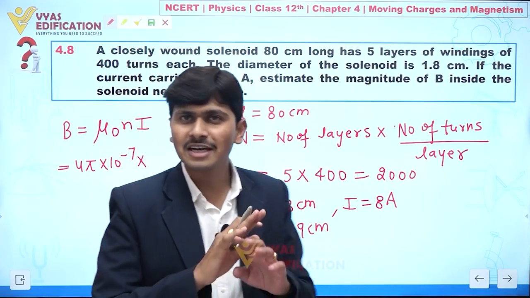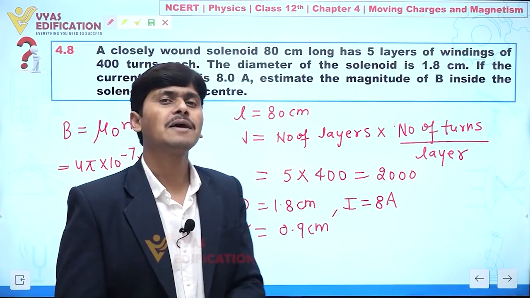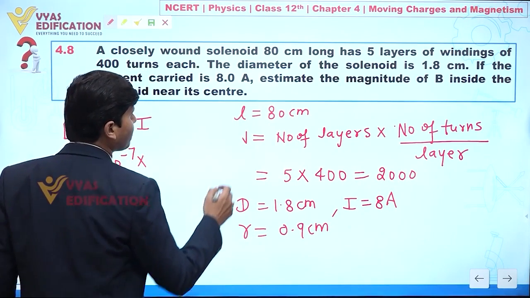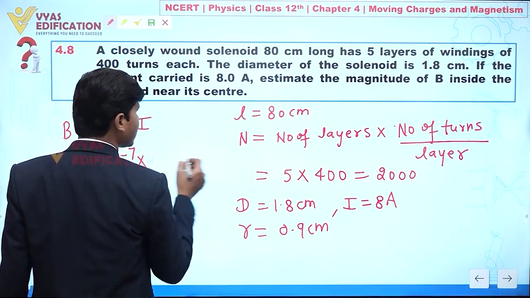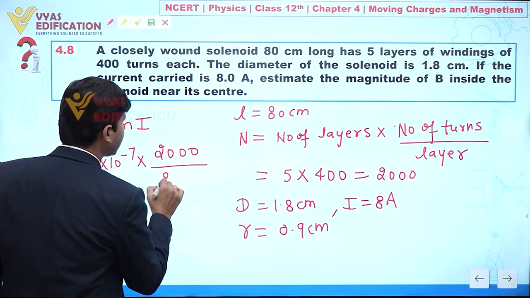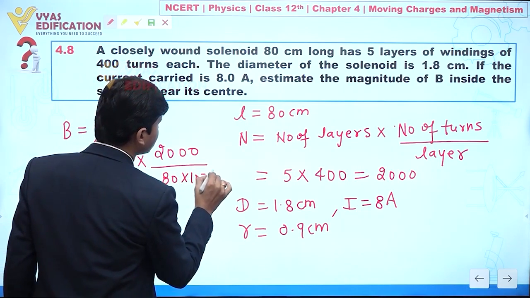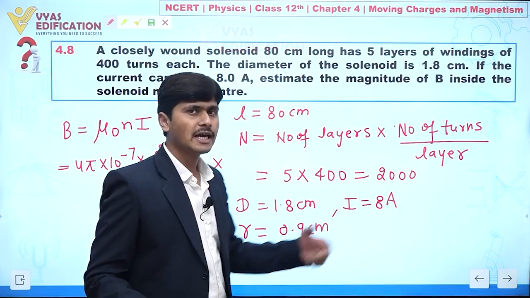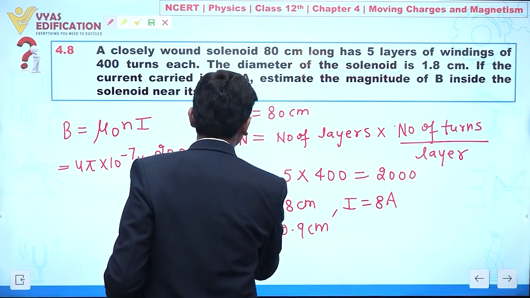Small n is not the number of turns. Small n is the number of turns per unit length. So the number of turns is 2000, and this is per unit length, so I divide by 80 into 10 to the power minus 2. The current carried is 8 ampere, so I multiply it with 8.